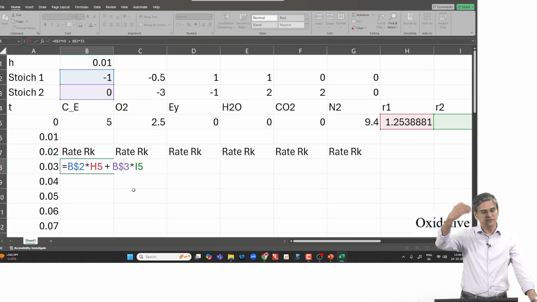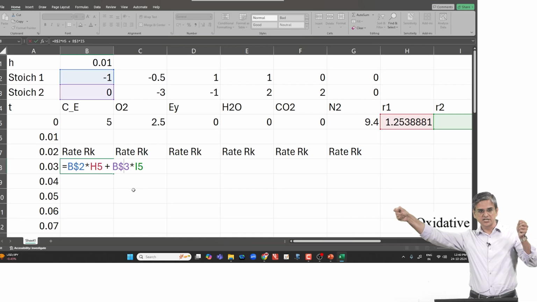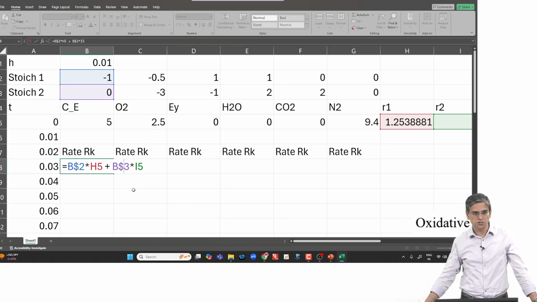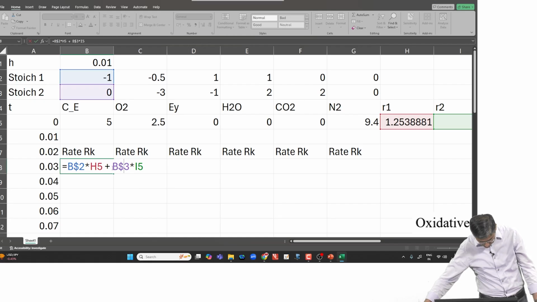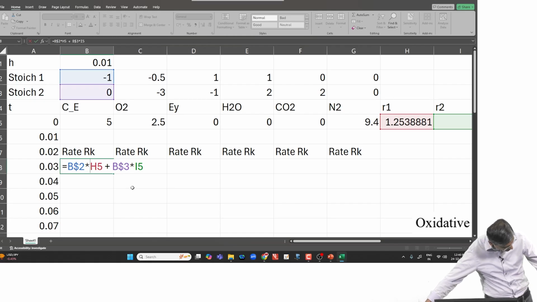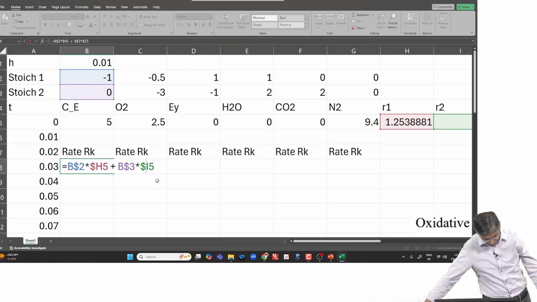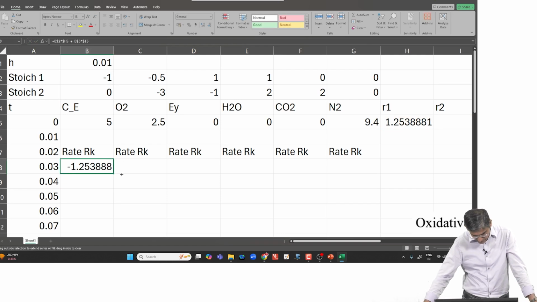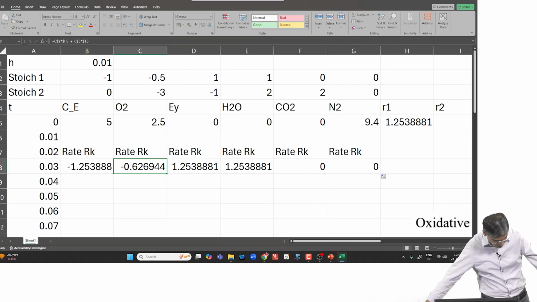When you go from 5 to 6, 6 to 7 and so on, your 5, 6, 7, 8 should change. Now, when you are dragging in this direction, your H and I should not change. So, we will put these dollars. And again, if you didn't get this, that is perfectly okay. We will just move this over here. Let us see what this is.